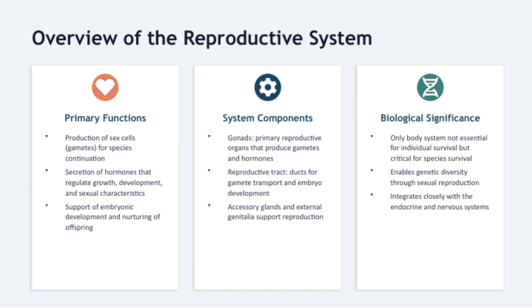As for the primary functions, this system is responsible for generating and delivering sex cells, producing hormones that regulate physical and reproductive traits, and supporting the development and nurturing of the next generation. Overall, the reproductive system is not just about making babies. It's about sustaining life across generations and ensuring the continuation of our species.